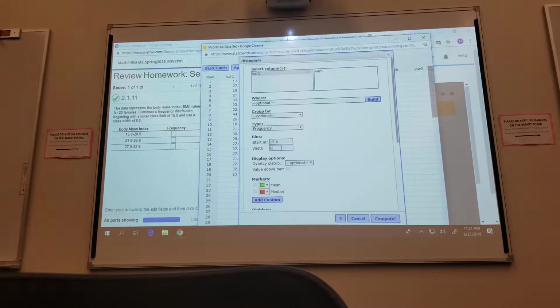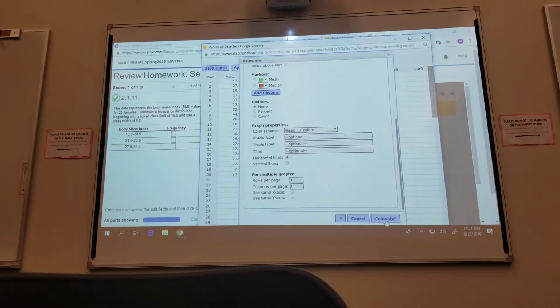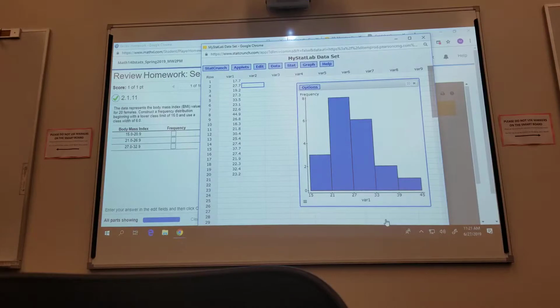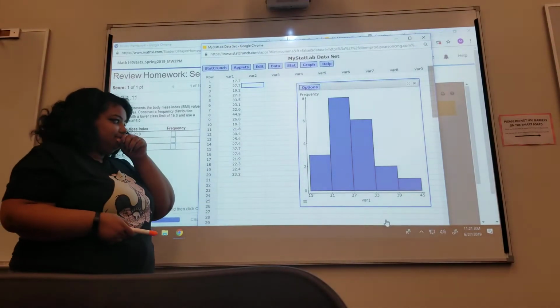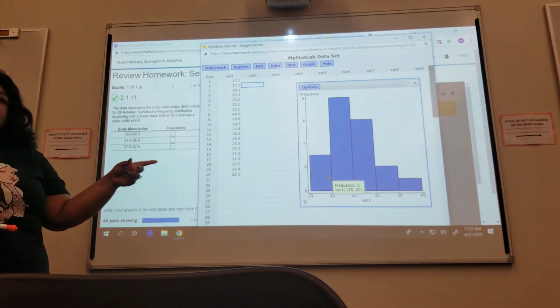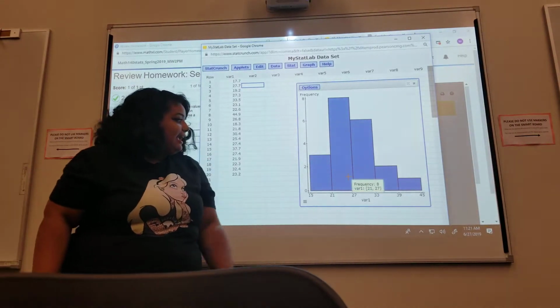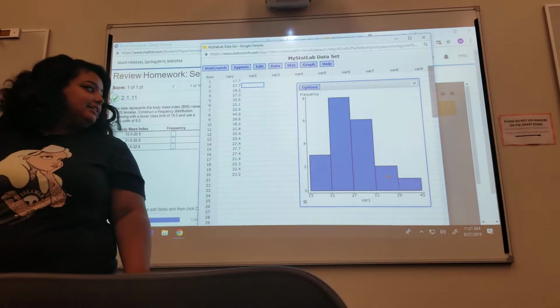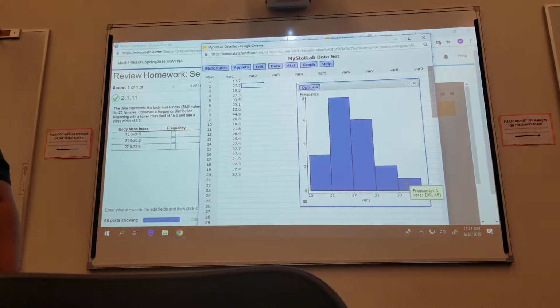Mm-hmm. And then this is the histogram that gives us, and if you hover over it, it'll tell you the frequency. Oh, so like 3, 8, 6, 2 and 1. It was better the other way.